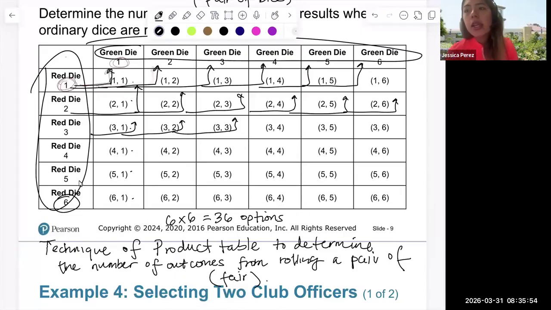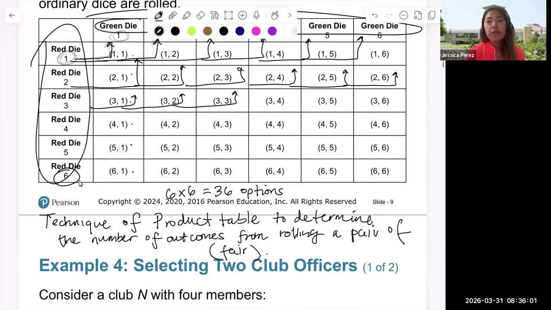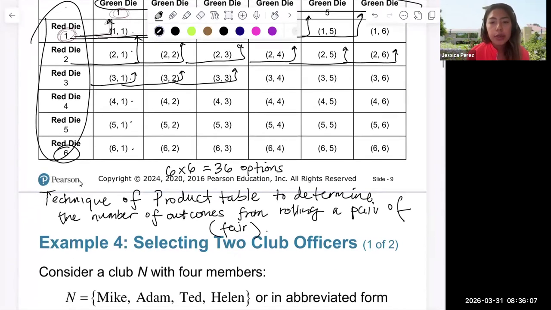So that means your options become much different. So we found a total of 36. So again, 4,1, 4,2, 4,3, 4,4, and so on.